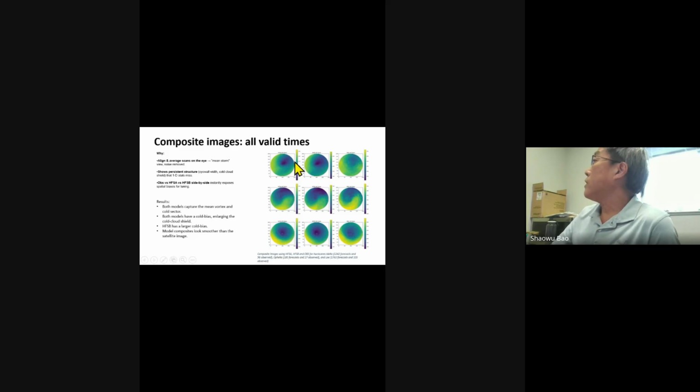For Ophelia, Idalia, and Hurricane Lee, we see the models darker in color. And if you compare A and B, you can see HAFS B seems to be even darker than HAFS A. So this is consistent with the PDF comparison, indicating that HAFS B seems to have a larger cold bias than HAFS A.